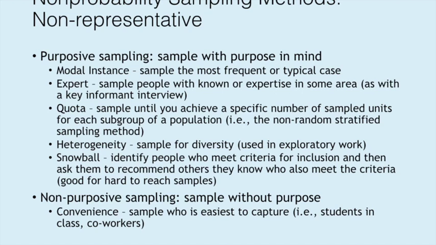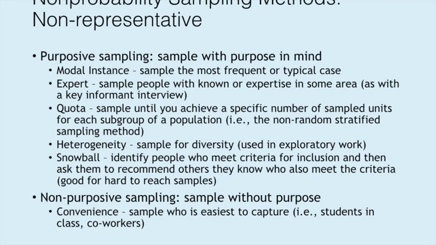This is good for hard to reach samples, such as potentially HIV clinics, if you're trying to sample HIV individuals, if you're looking at prostitution and you want to measure how the health of those who participate in that differs. You may know one individual who works with them in health, so you may approach them to ask people they know to participate in your study.